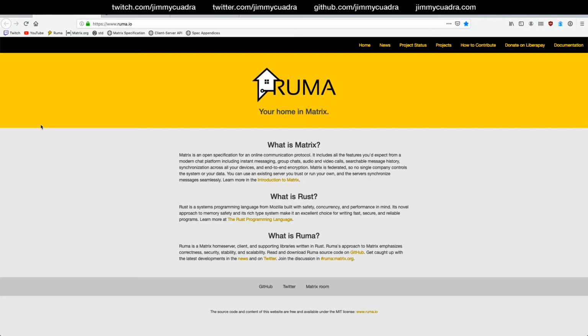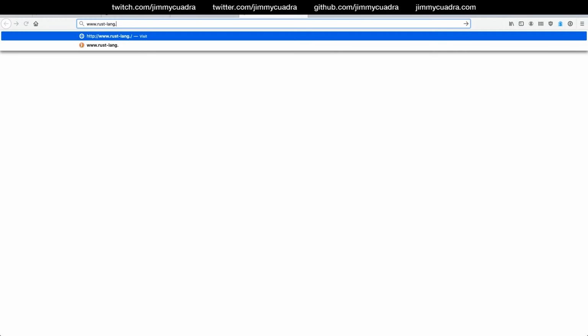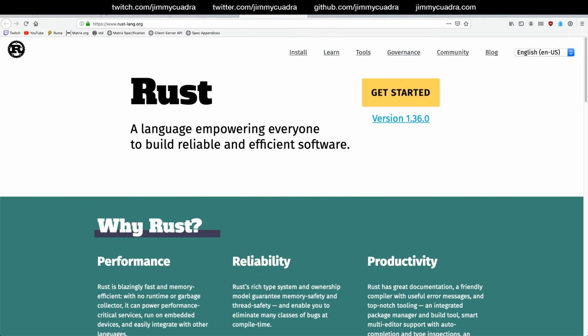Yeah, so this is mostly about the Rust programming language, which, if you have not heard of, is at rustlang.org, and it's kind of like a modern version of what C++ would be if C++ were to be invented today with all of the things that we've learned in the history of software development ever since.